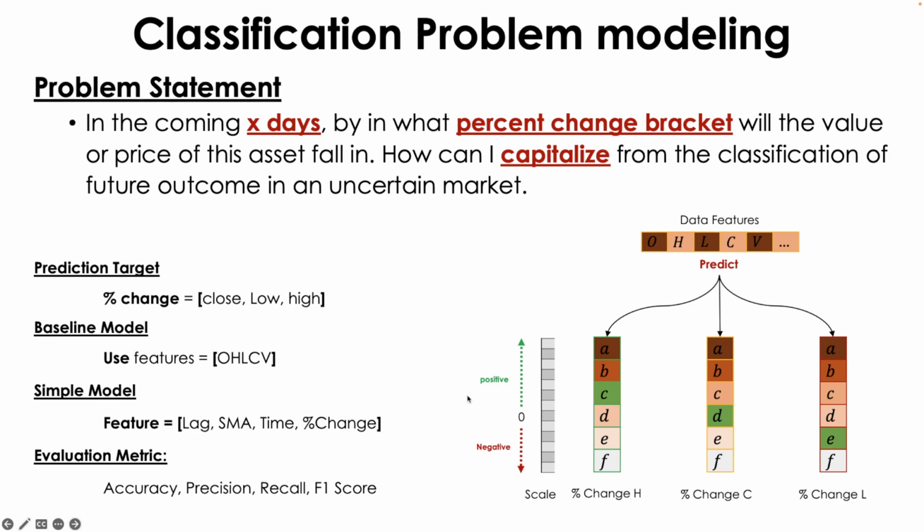So if we say this asset is going to change by 5 to 10% in the coming 5 days, then maybe we classify it as B. Then we let our model try to predict this, and then we can use those predictions to design some rules. So this is what our classification modeling is going to do, right?